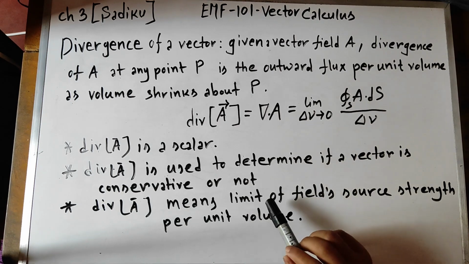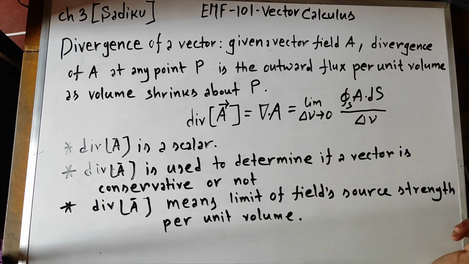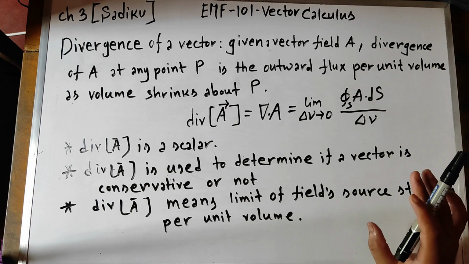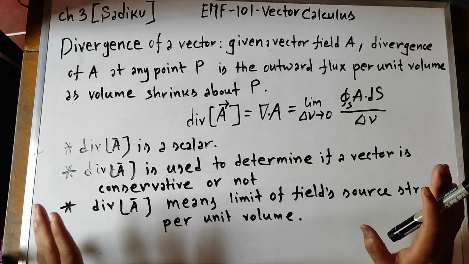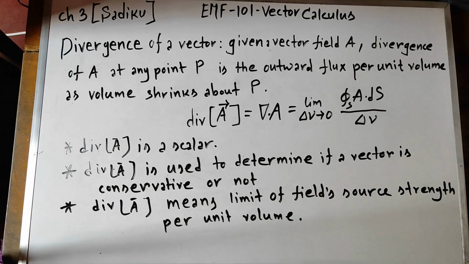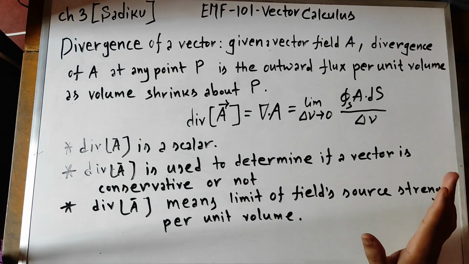Divergence means the limit of a field's source strength per unit volume. This is the gist, the summary of the divergence of a vector.